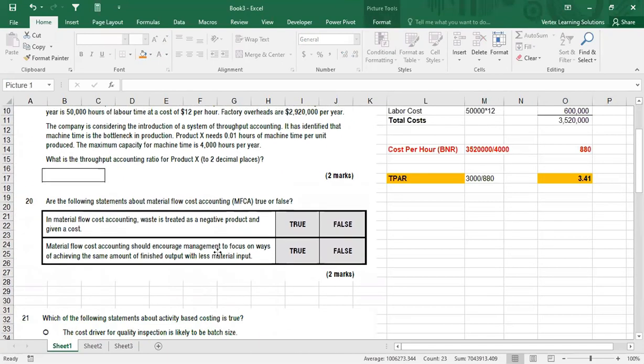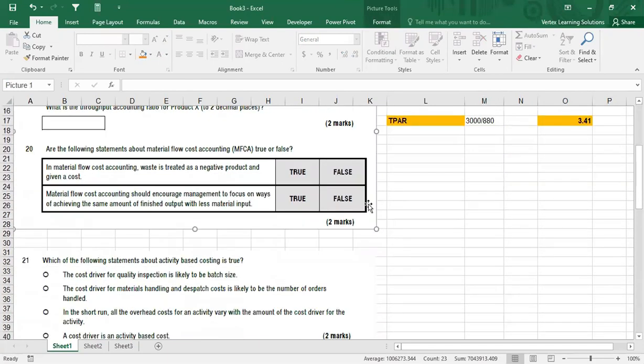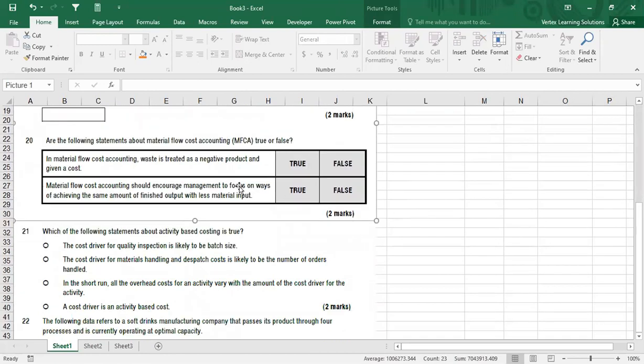Now we have question number 20, which says: are the following statements about material flow cost accounting, MFCA, true or false? This is actually not a question for throughput, but let's read it because it has come in our way. In material flow cost accounting, waste is treated as a negative product and given a cost.